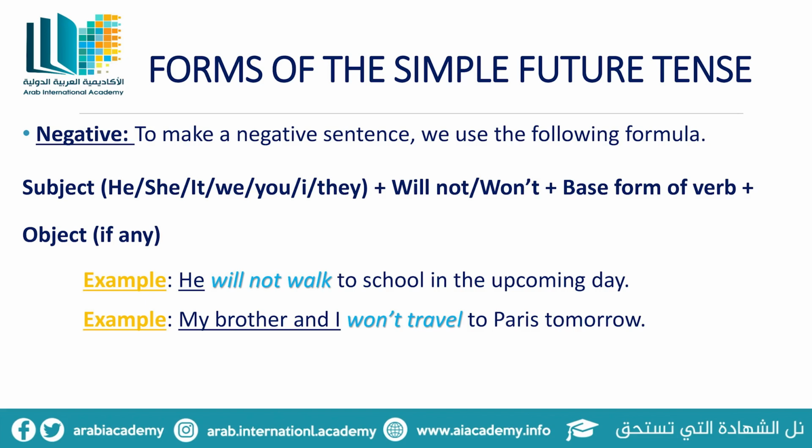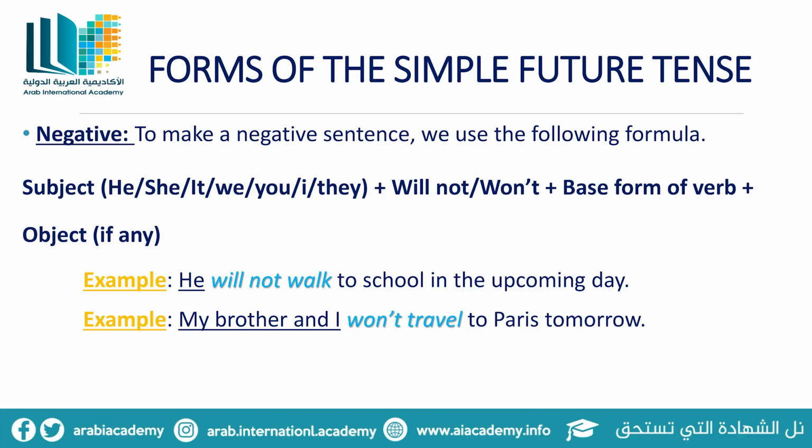If you write will not or the contraction of it, which is won't, it's correct. Both ways are correct. So in order to write a negative sentence, we have to add not to will.